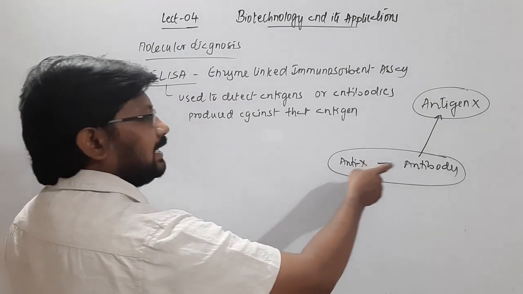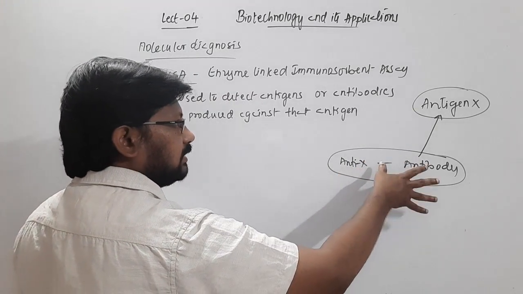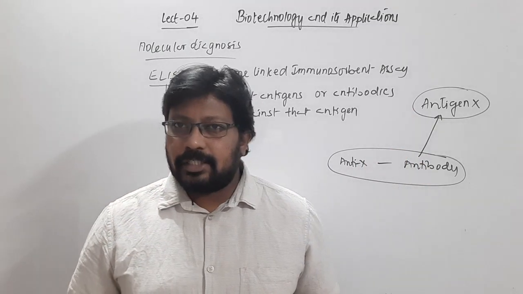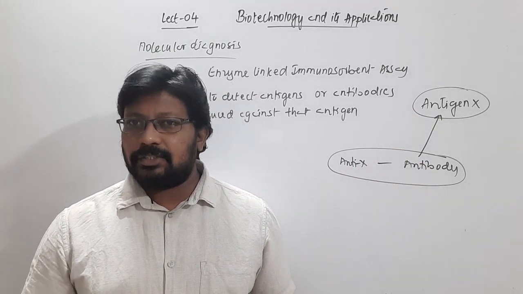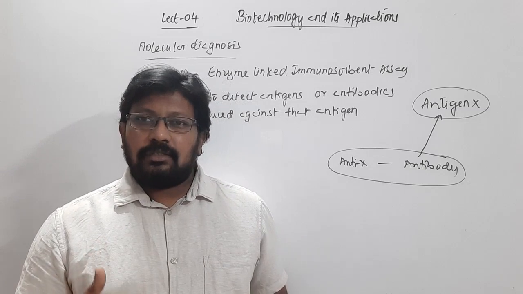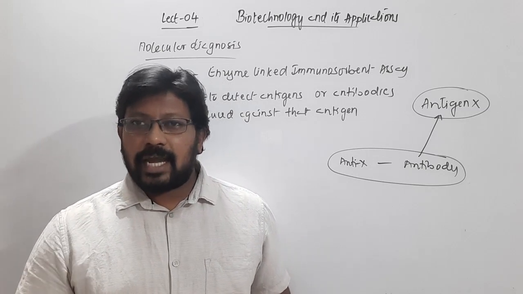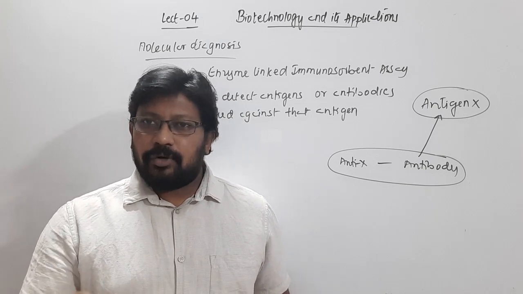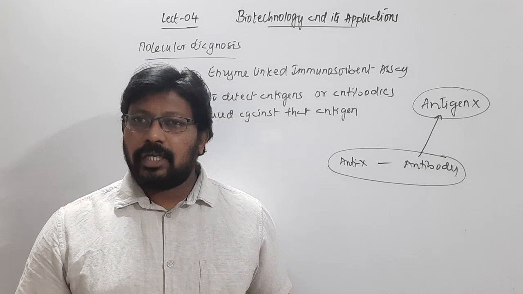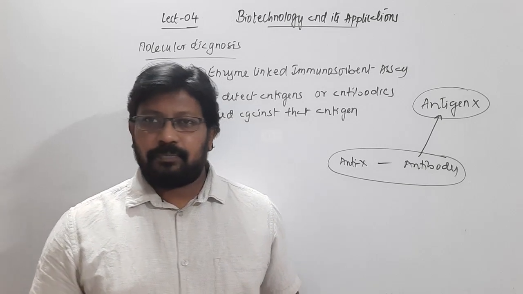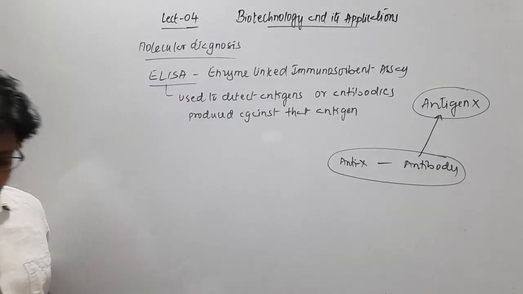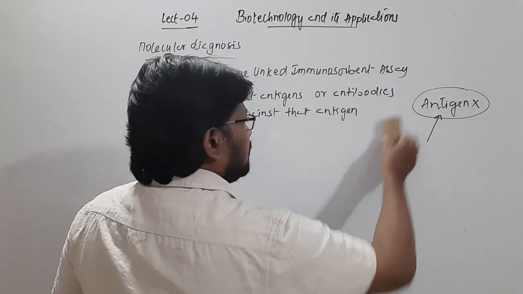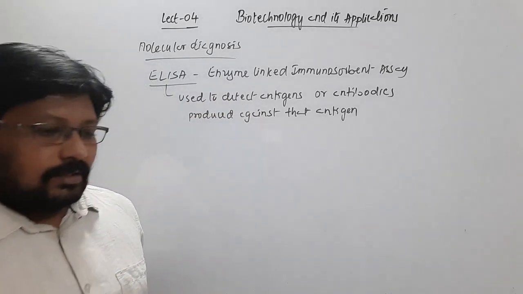Clear? So antibodies are specific here, and when a particular bacteria or virus enters, they will have antigens, and antibodies against that particular antigen of that bacteria or virus or any other pathogen will be produced, and they remain in the body for a long time, providing immunity to the person. Now, this ELISA can be used to detect that particular antigen.